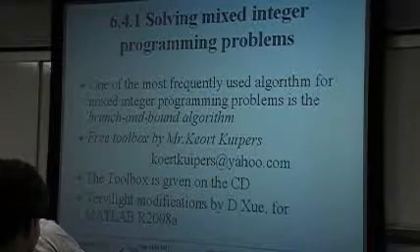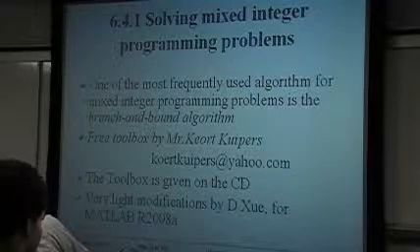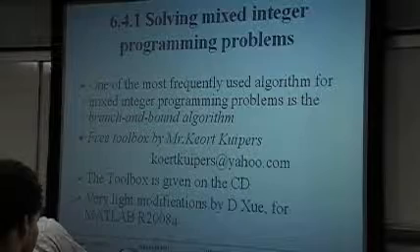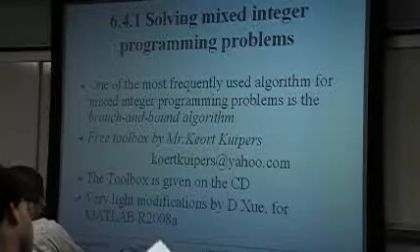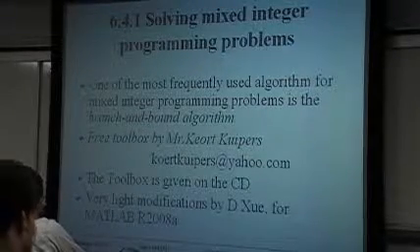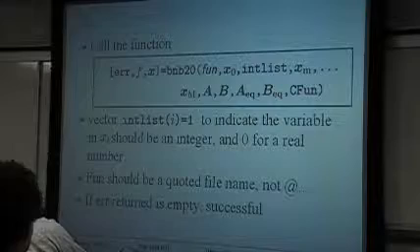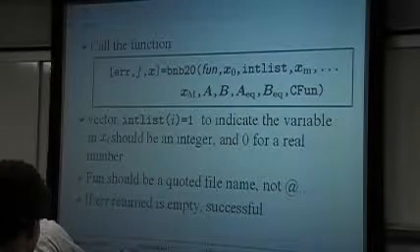And I myself did some modification to the program, so we can use it to solve certain problems. Let me demonstrate how to use it. This is the function to use.